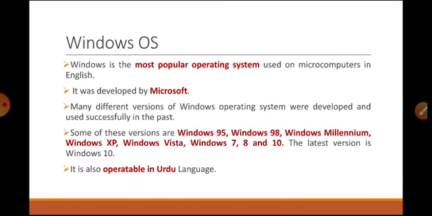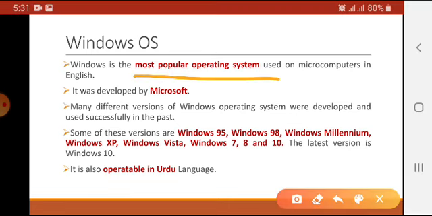And the third one and the most popular operating system that uses GUI is the Windows operating system. As we have already discussed, it is the most popular operating system and it was developed by the Microsoft company.